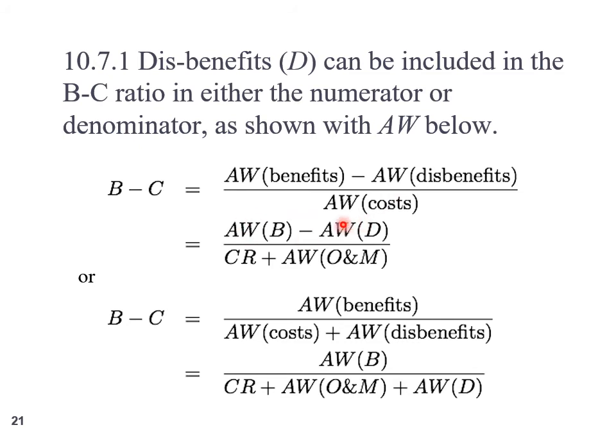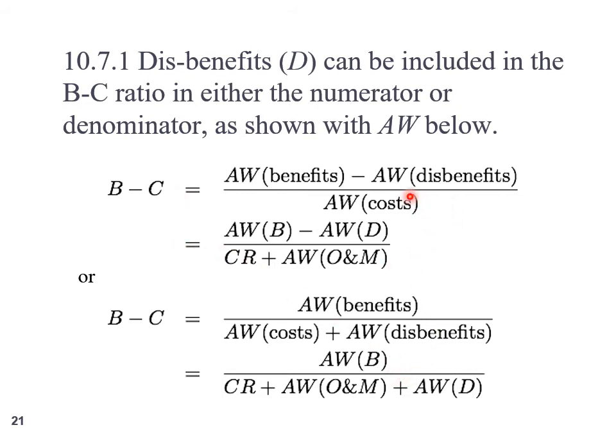So in the conventional method, we subtracted it from this benefit. Again, instead of subtracting it from the benefits in the numerator, we can add it to the denominator as a cost. Assume this disbenefit as a cost and add it to the denominator.